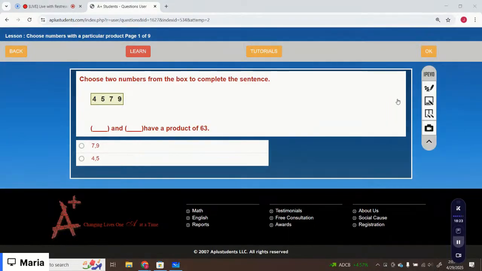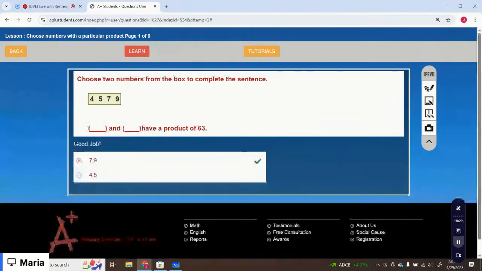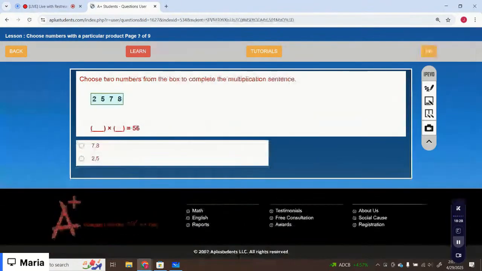Option number one is the correct option, that is 7 times 9 is 63. Choose two numbers from the box to complete the multiplication sentence. Which two numbers have the product 56?